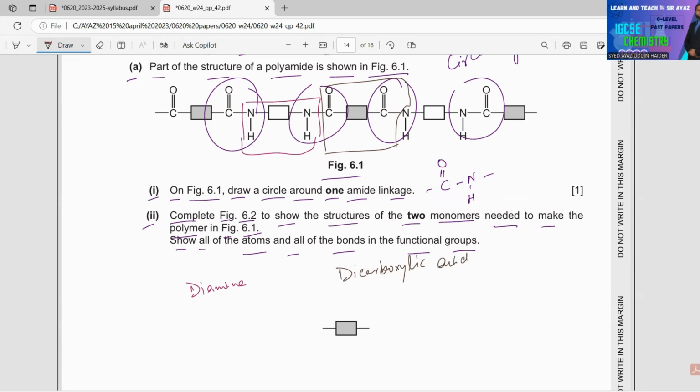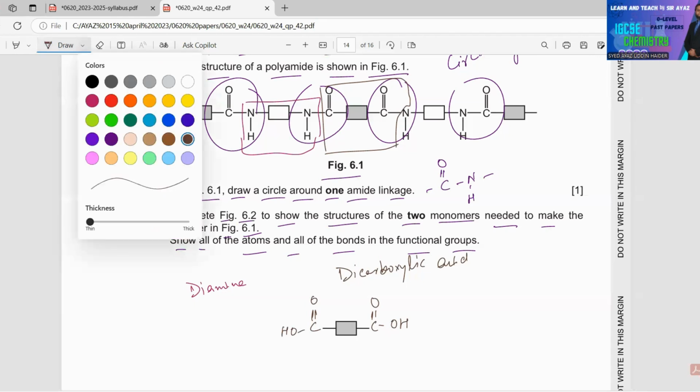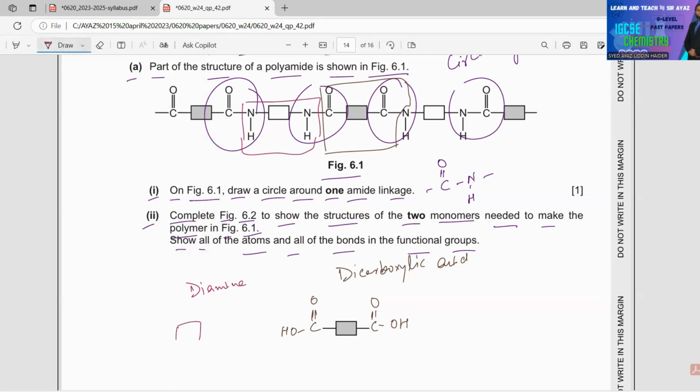So here I'm going to show that C double bond O, OH. This will be dicarboxylic acid. And for diamine, need to show an H2.